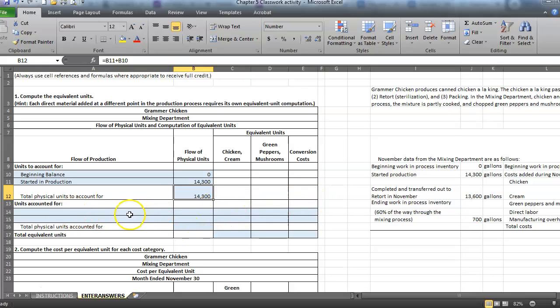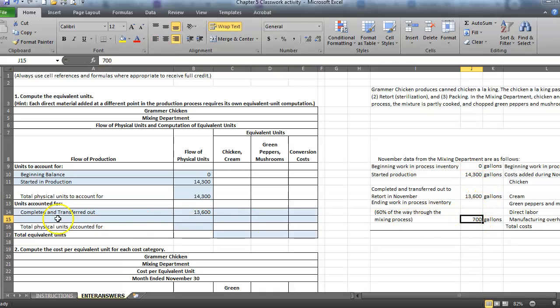But we also have to consider units completed and transferred out. And in this case, it's going to be 13,600. Now, we want to know what our ending WIP is. Well, our ending WIP is given to us.